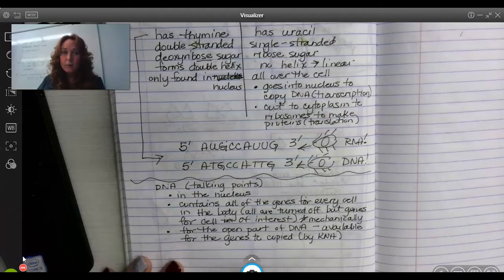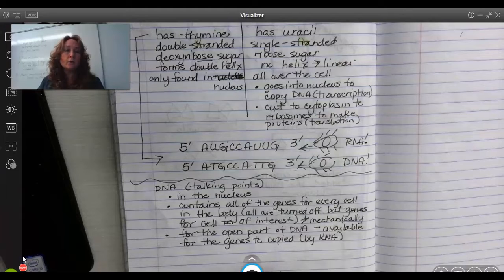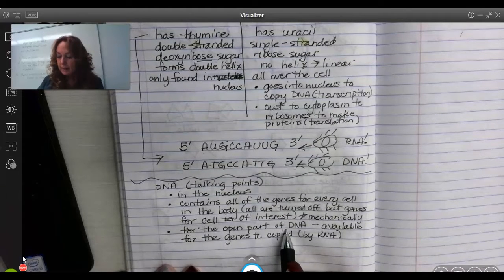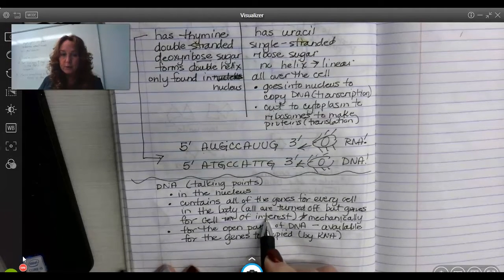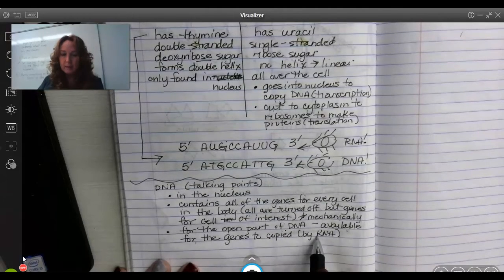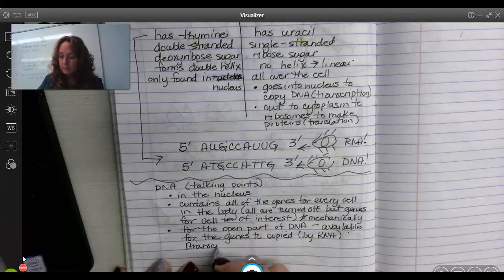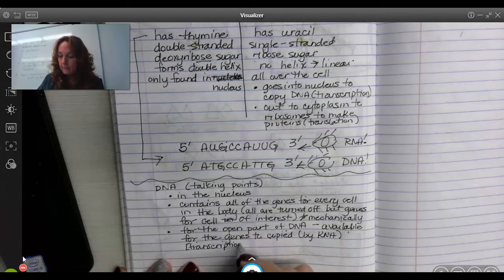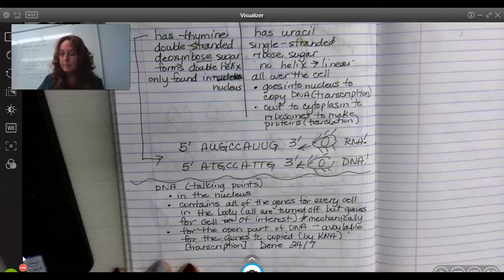So 24 hours a day, you're going into your DNA and you're making copies of what the instructions are for a protein, which is a gene. The open part of the DNA codes for the proteins for the cell of interest. It's available for the genes to be copied by RNA, so that's called transcription. And this is done 24/7, nonstop.